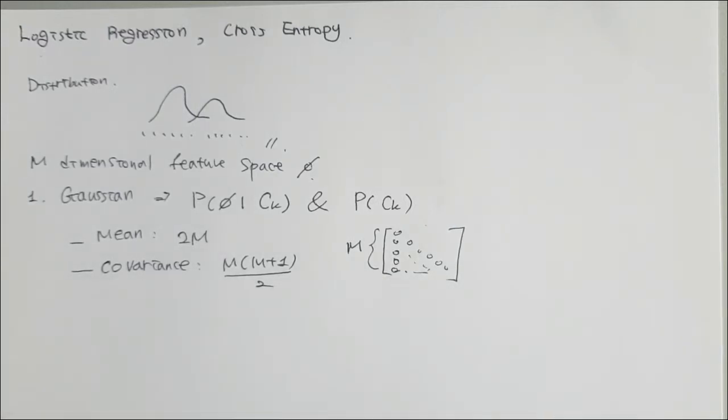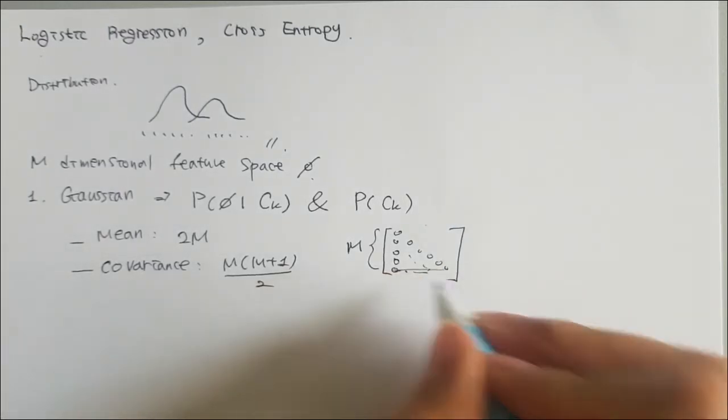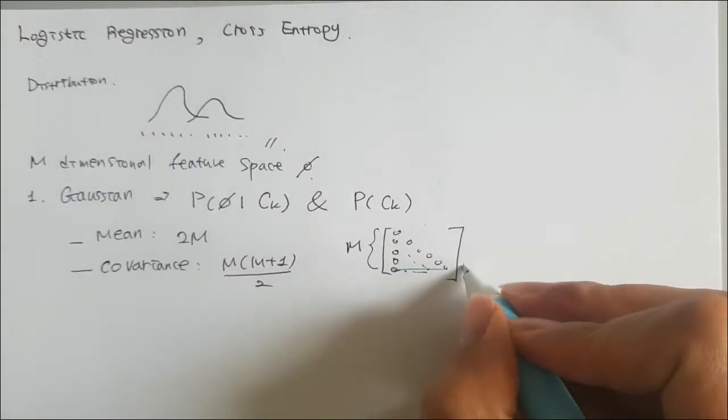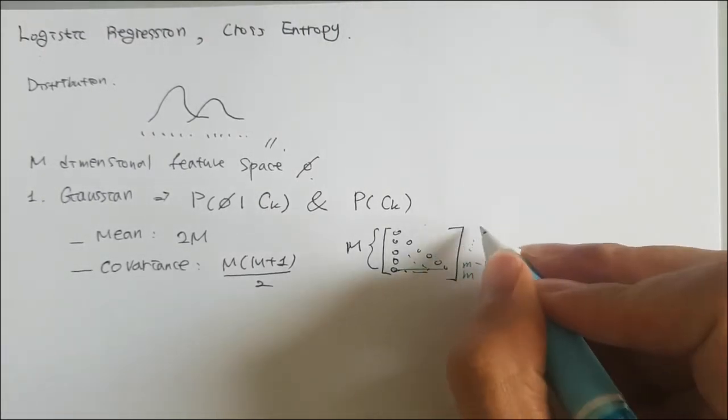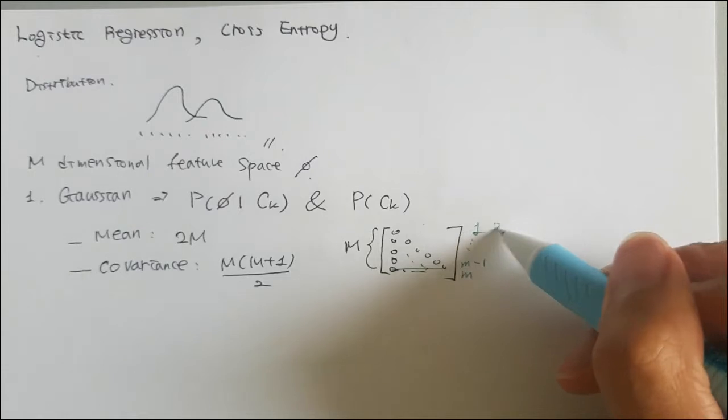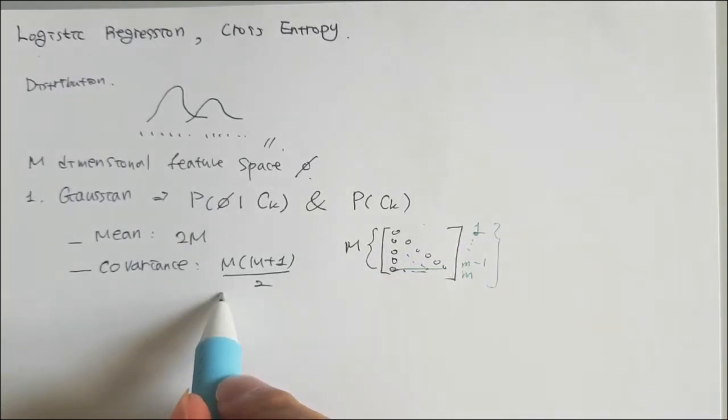So it will be m, m minus 1, and finally 1, and if we sum everything, the formula will be this one.